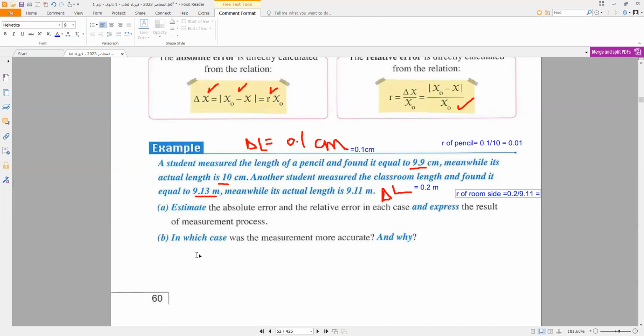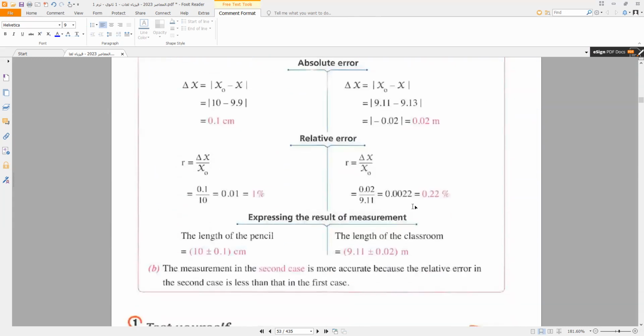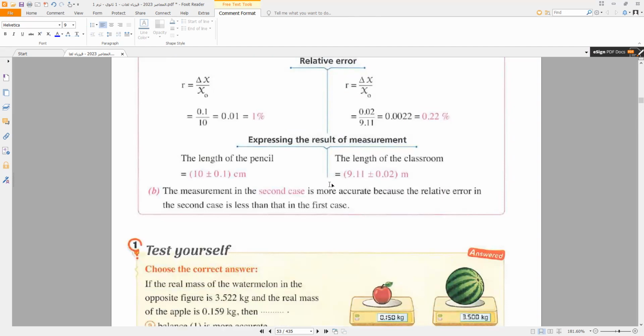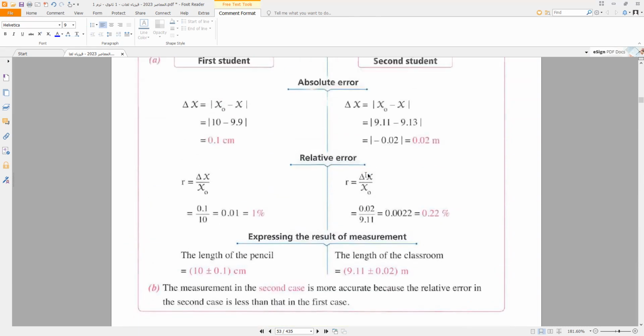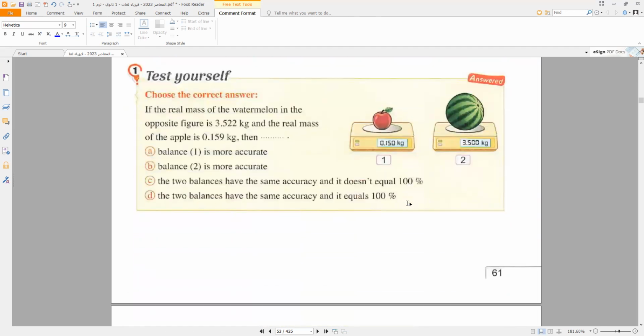In the case of which measurement is more accurate, you need to compare the value of the relative error of the pencil, 0.01, and the value of the relative error of the classroom side or classroom length. Which one of them is a smaller value? It will be the more accurate one. So the measurement in the second case is more accurate. This is 1%, this is 0.22%. Okay, so it is a better indication.